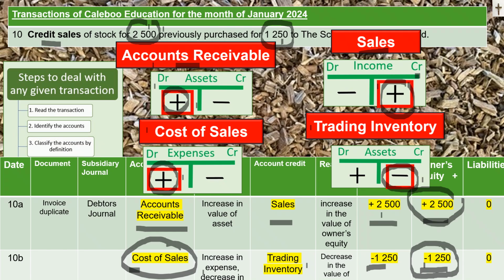Sales minus cost of sales will give you the gross profit before you take off other operating expenses, because then you end up with the net profit. So from this transaction and recording it here, we can calculate the gross profit. Now note, this was a credit sale, so accounts receivable was debited.